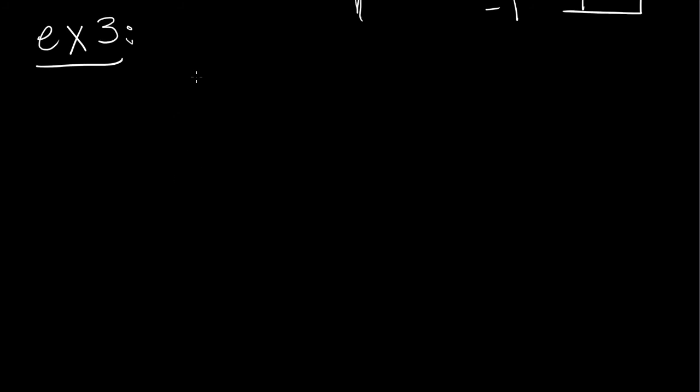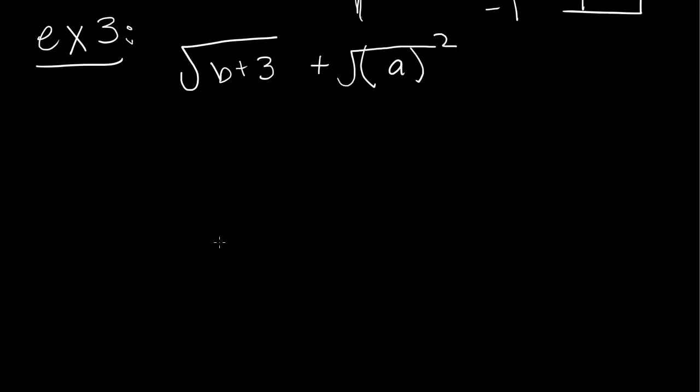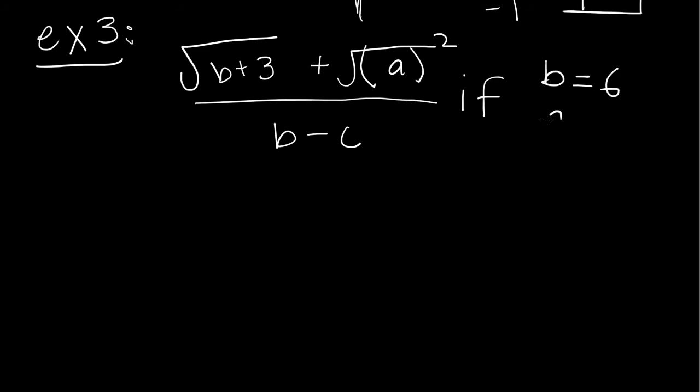So let's have the square root of b plus 3, plus the square root of a squared over b minus c. Okay, so now let's see what we're given. We're given if b equals 6, if a equals 3, and if c equals 4.